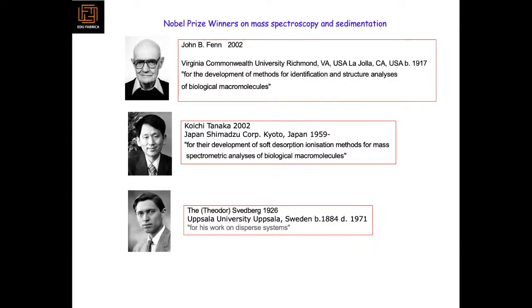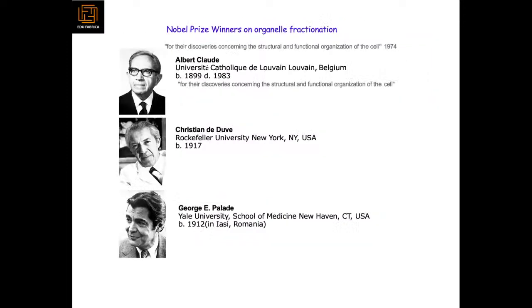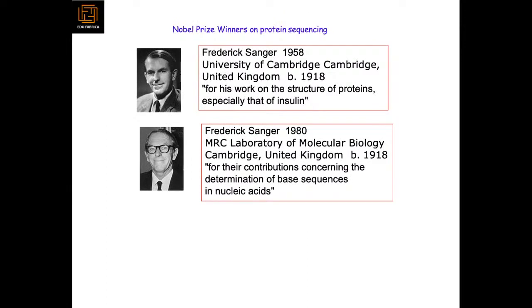Then mass spectrometry and sedimentation techniques by Fenn, Tanaka, and Svedberg, who did big work in their fields. Then organelle fractionation, to separate various particles from the cell: Christian de Duve, Albert Claude, George E. Palade. Then Frederick Sanger, who won the Nobel Prize twice, for protein sequencing of insulin and for nucleic acid sequencing, in 1958 and 1980.